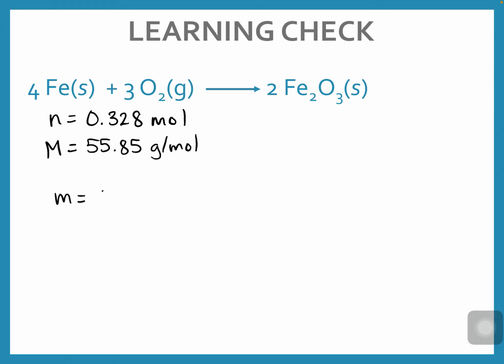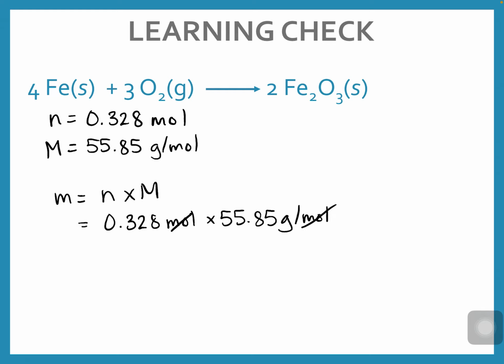So my mass is equal to my number of moles times my molar mass. Moles will cancel and I'll be left with a mass. So that's equal to 18.3 grams. So 5.5 liters of oxygen at STP is going to react with 18.3 grams of iron.